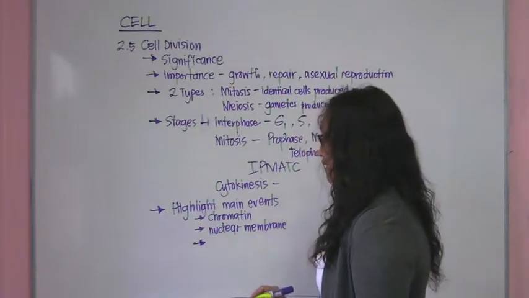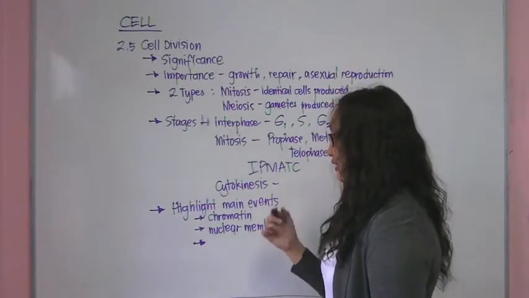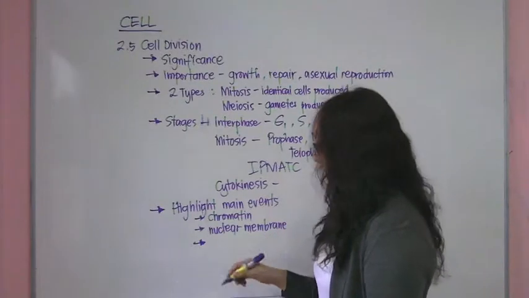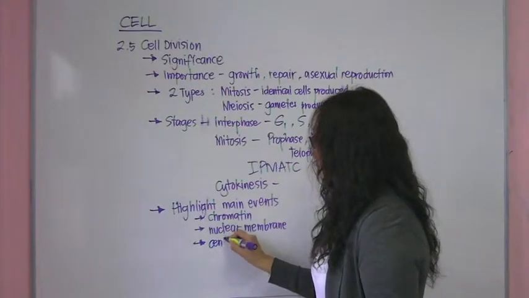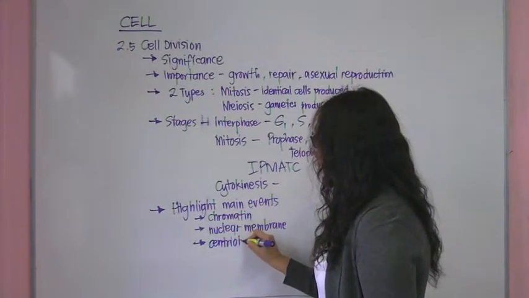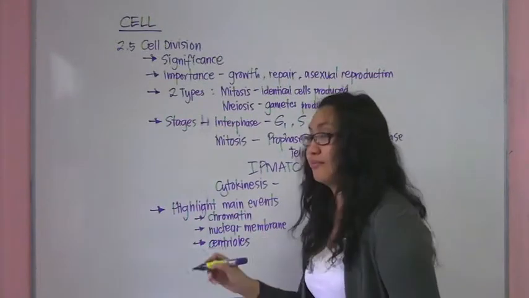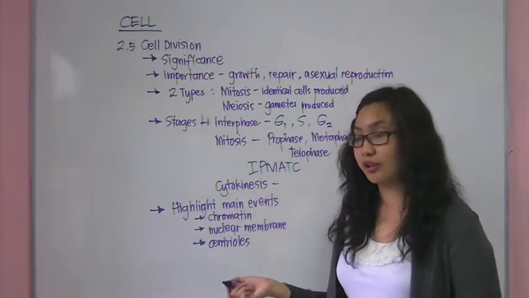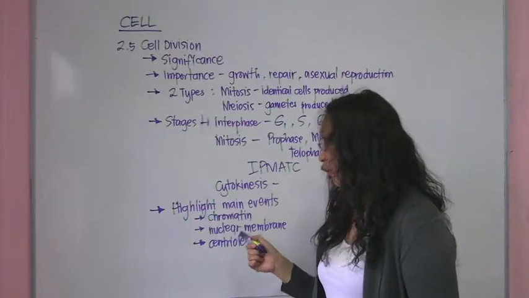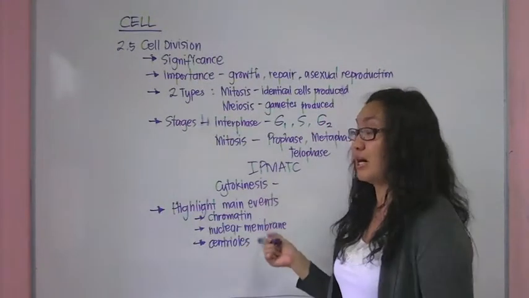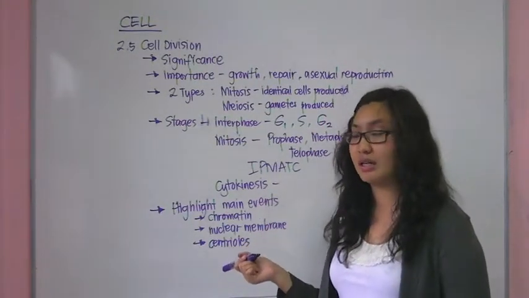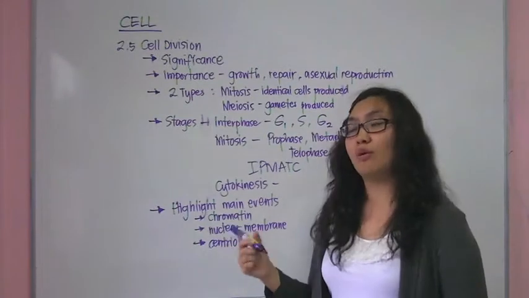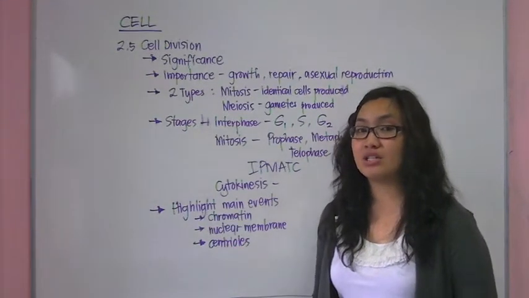Another thing that needs to be remembered is the activity of the centriole. Centrioles are one of the organelles that were discussed previously in eukaryotic cells, and they are used in the process of cell division. They are what we call the spindle fiber arranging organelles.